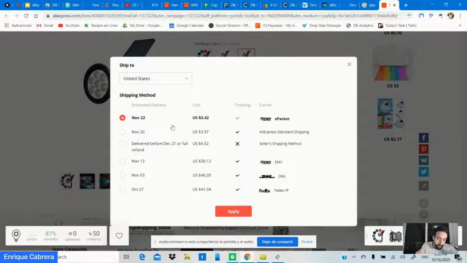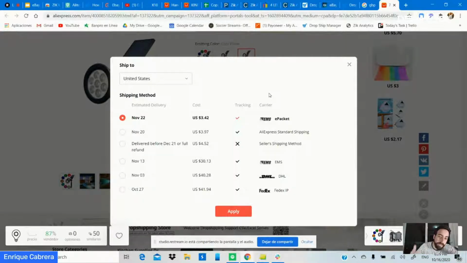But just to go general and fast here, always choose either ePacket or AliExpress, because they are expedited shipping methods. They go by air, meaning that the buyer is going to have this product even faster than with a different shipping carrier. For example, the AliExpress Kanoya shipping method is by sea.